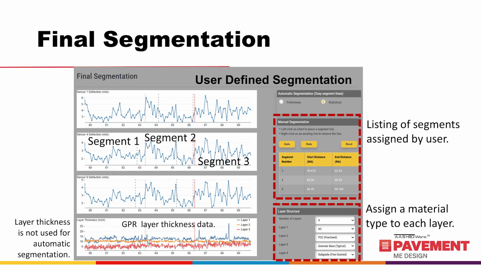At the bottom of the screen is the layer structure table. The layer structure table only appears when a layer thickness file is imported into the program in Step 1 of the guided process. The user must manually assign a material type to each of the layers within the layer thickness file. The material assignments are discussed in the next slide.